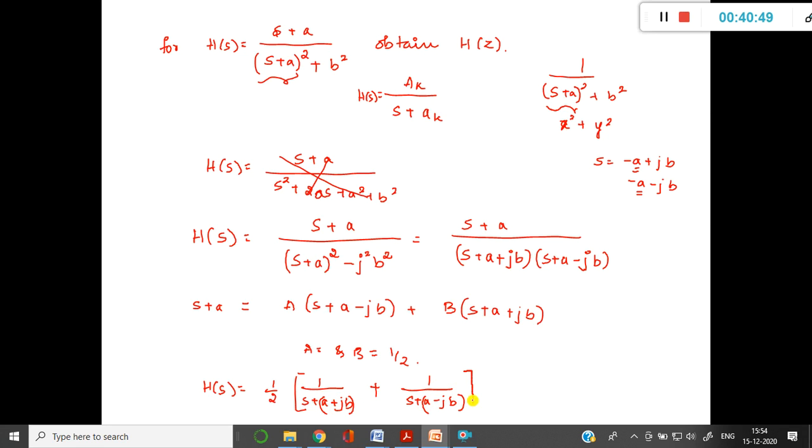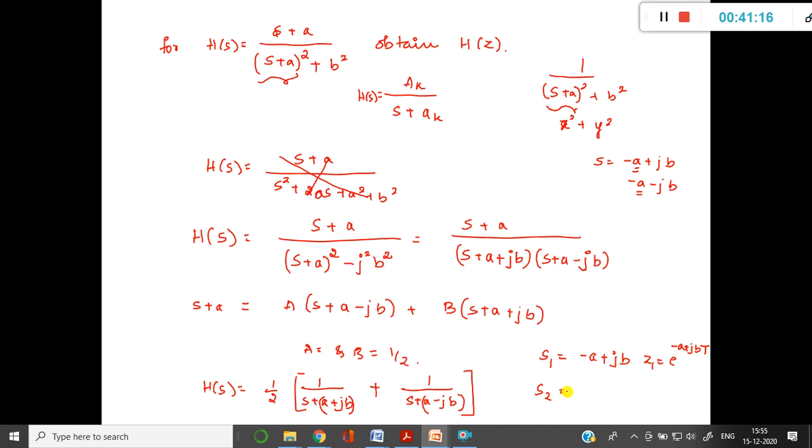How do you map this to e to the power of minus sT? One of the poles, s1, let me call this, is minus a plus jb, right? So here z1 equals e to the power of (minus a plus jb) into T. Am I right? This is how you are supposed to write. Minus a plus jb.